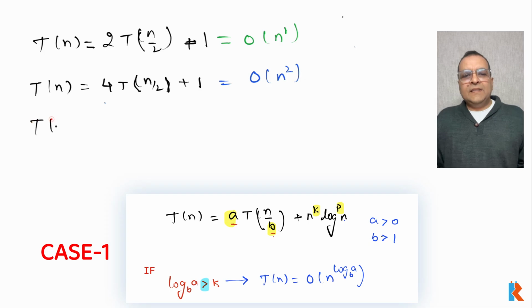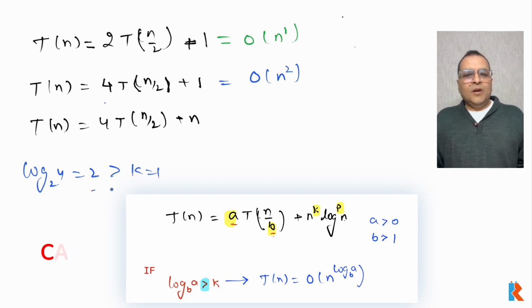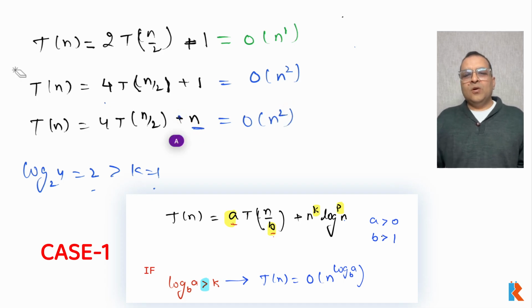Let's say this is T(n) is equal to 4T(n/2) plus n. In this case, log of 4 to the base 2 is 2, which is greater than k because k here is 1. Because it is greater than k, the answer is again big O of n square and f(n) will be completely ignored. So for this also, the answer is big O of n square.